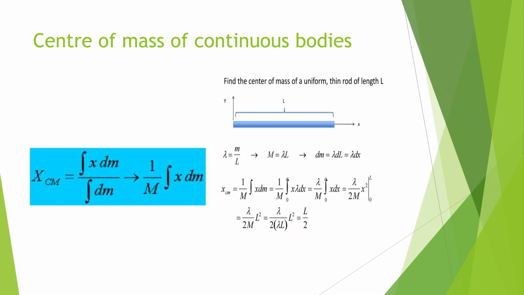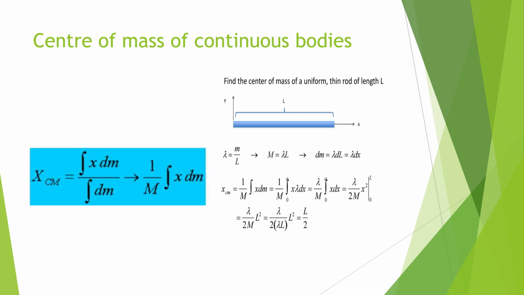And because it is distributed on the x-axis, I am writing it as lambda into dx. So now the center of mass is 1 by M integral x dm, where dm can be written as lambda dx.